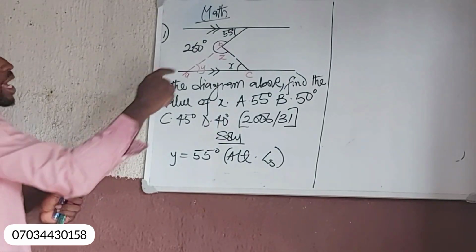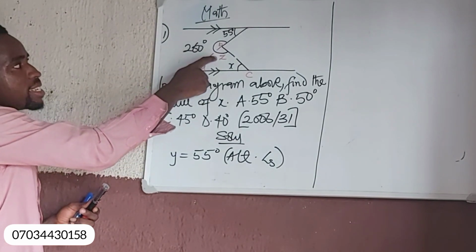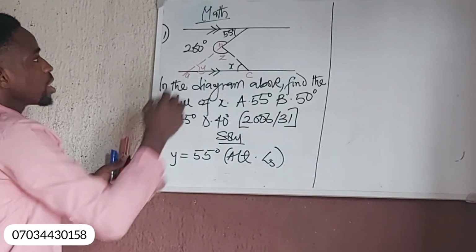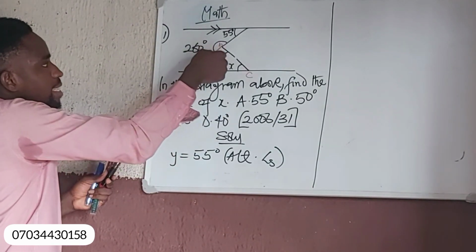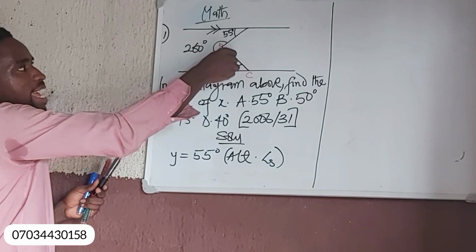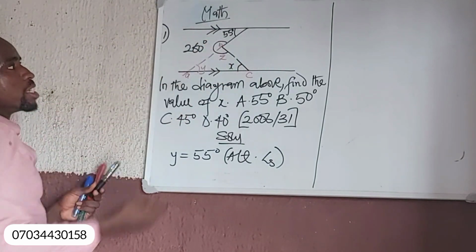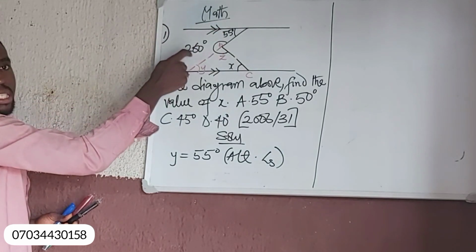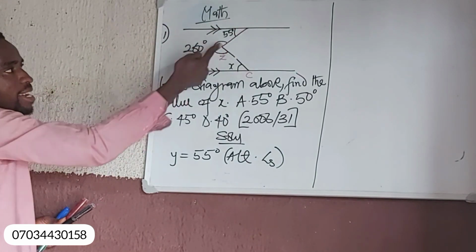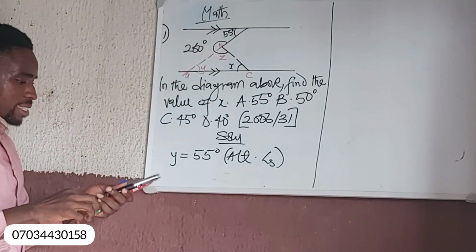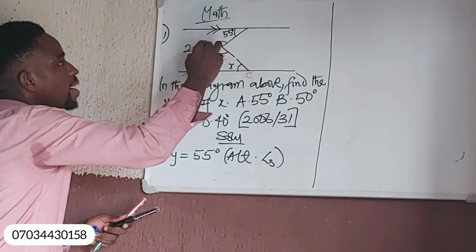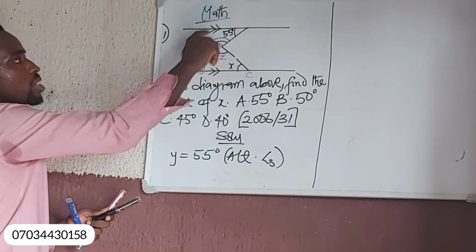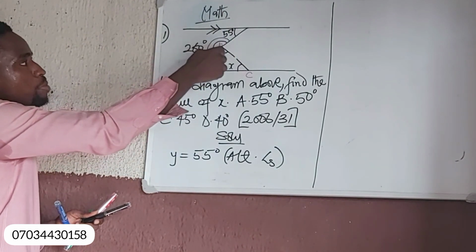Then I can find angle Z. How do I find angle Z? You can see that Z started from here and ended here. But previously, we have an angle from here to here that was given to us as 260 degrees. And this is a straight line. So on top of that straight line, the angle on a straight line is 180 degrees. But the total angle before is 260.